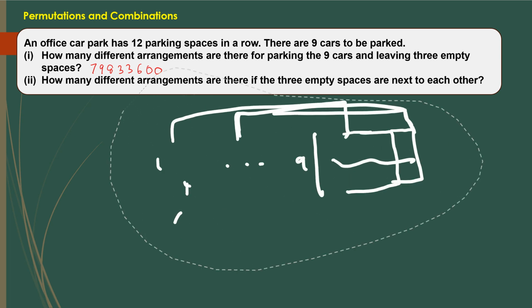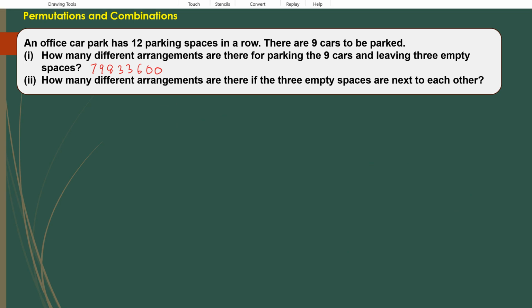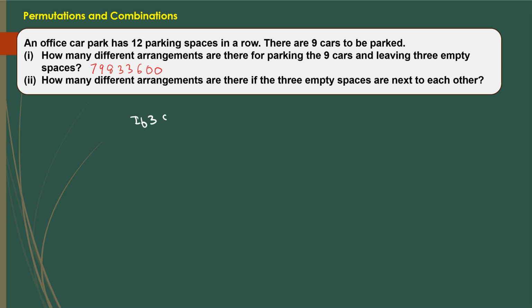So if they were put together, it would be like 1 space, and then the number of car park spaces, if 3 spaces were counted as 1 space. So then there are 10 spaces.